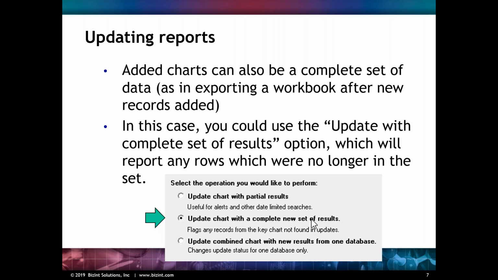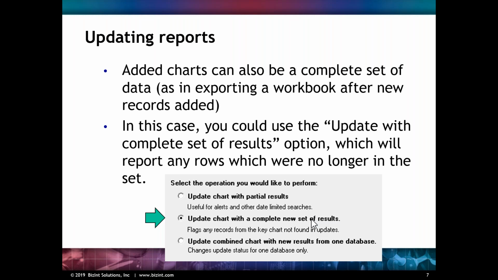To be honest, in the patents world, this isn't so important, although when new symbols are being applied, if there's a revision of the CPC or something like this, it might actually be interesting to see if some items have dropped off of your set. The second option here, update chart with a complete new set of results, does a complete accounting between the two sets.